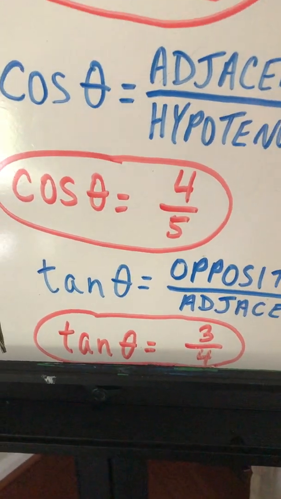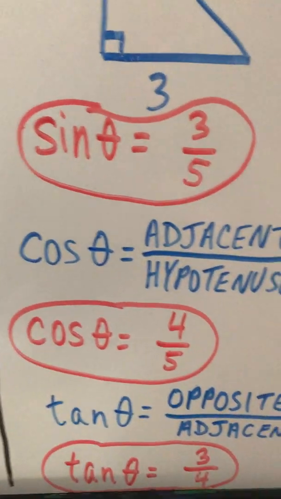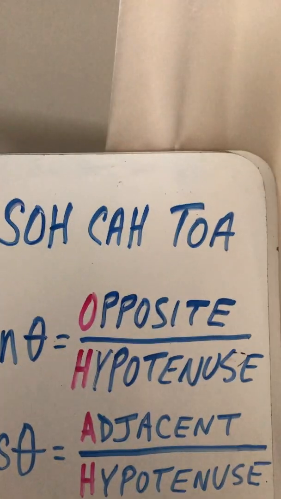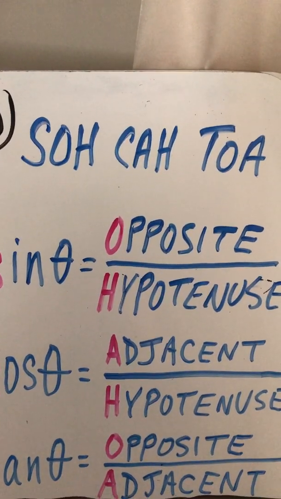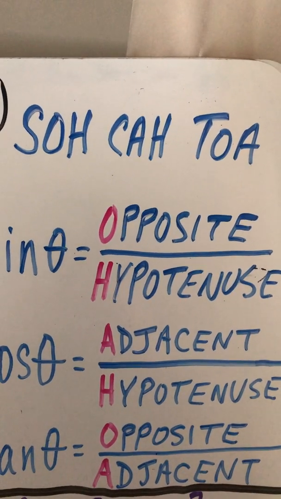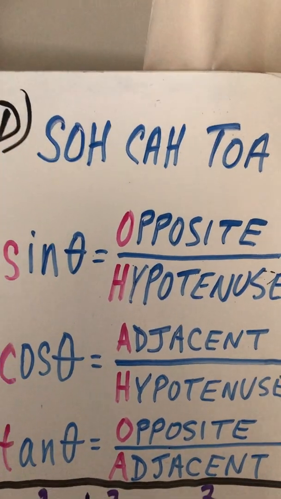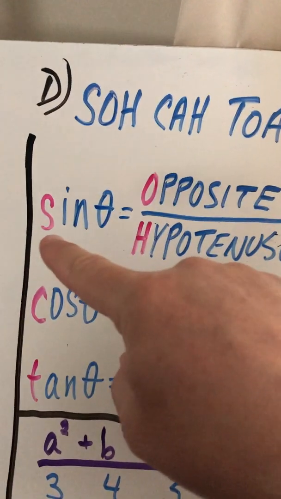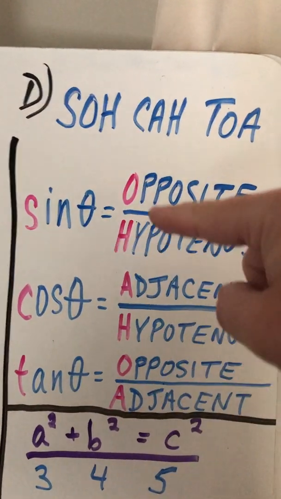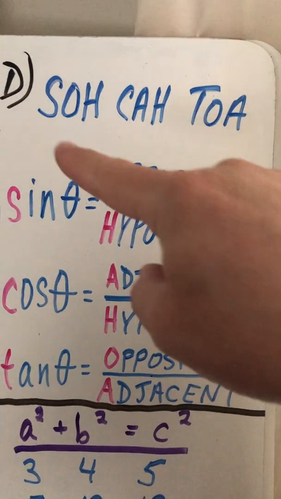So how do you remember all this? Well, we use something we call Sohcahtoa, where you use letters to represent the words we're using. Sohcahtoa, what the heck is that? Sine, S, is opposite over hypotenuse.